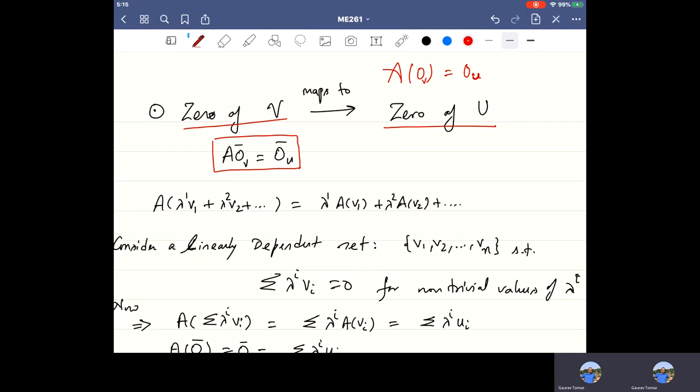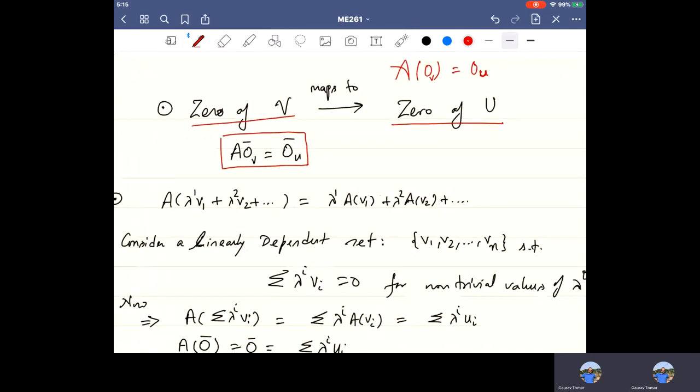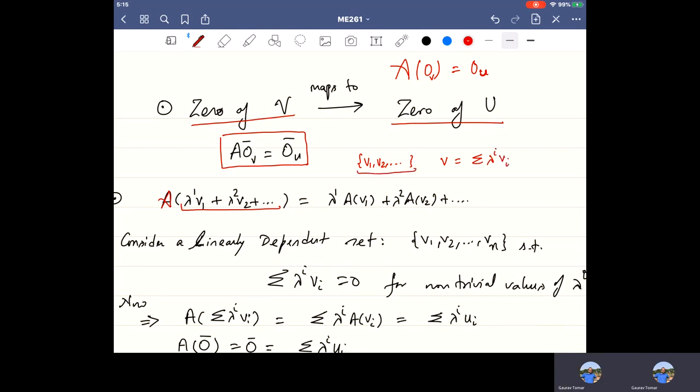Now, let's say you had a collection of vectors, a set of vectors, v1, v2, and then you're doing the mapping. Suppose you had taken v1, v2, v3 as a set, and then you chose to write your vector v in terms of the vi's. Now, these vi's may not necessarily be the basis of this vector space.